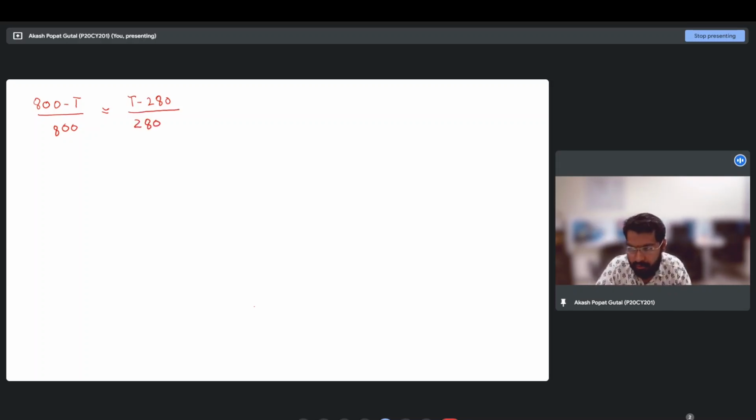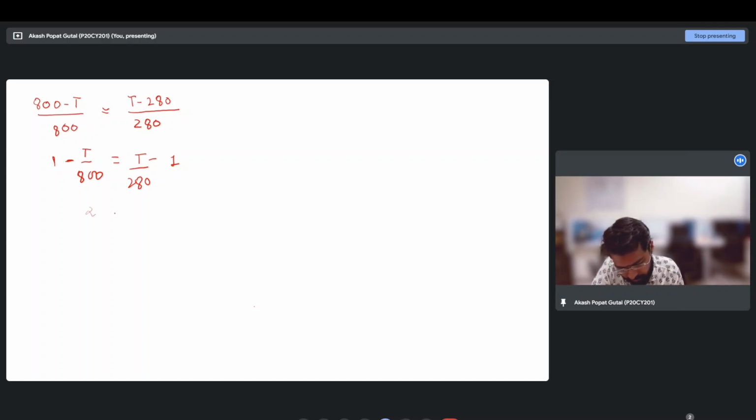And so we need to find out the value of T. I think it is better to divide and then subtract. T by 280 minus 1. If you transfer this minus 1, it becomes plus 1. You transfer this to this side.